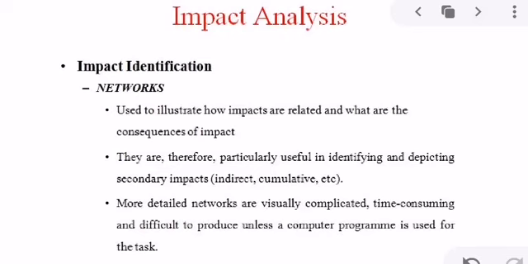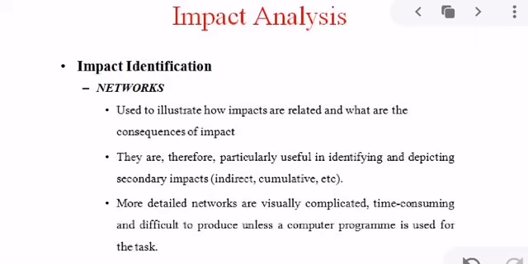So we'll go to networks. Networks are used to illustrate how impacts are related and what are the consequences of impact. They are therefore particularly useful in identifying and depicting secondary impacts, so indirect or cumulative impacts.